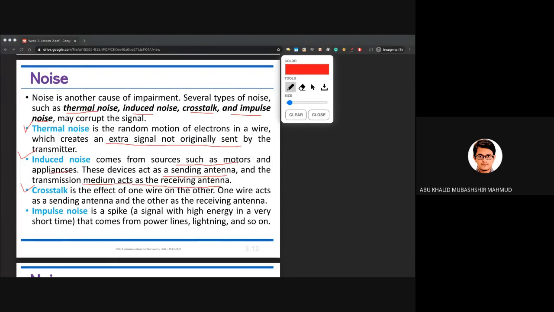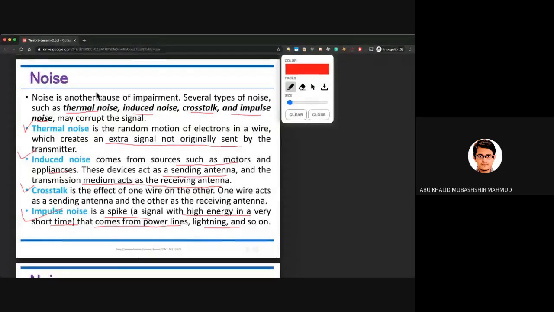Now the last one is impulse noise. Impulse noise is a spike, a signal with high energy in a very short time that comes from power lines, lightning, and so on.